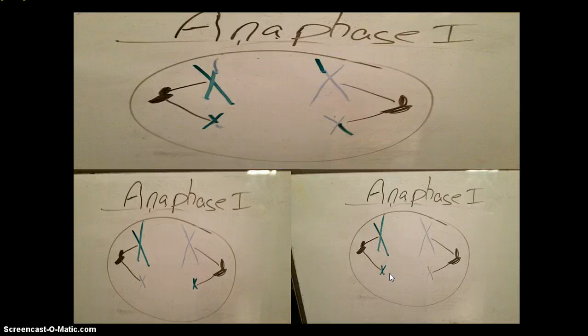So here's a picture of anaphase 1, well, three pictures actually, where you can see the crossing over on the top and how that is playing out so far, and you can also see on the bottom the different selections showing.